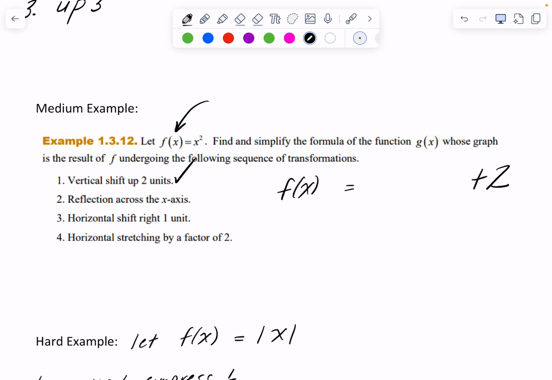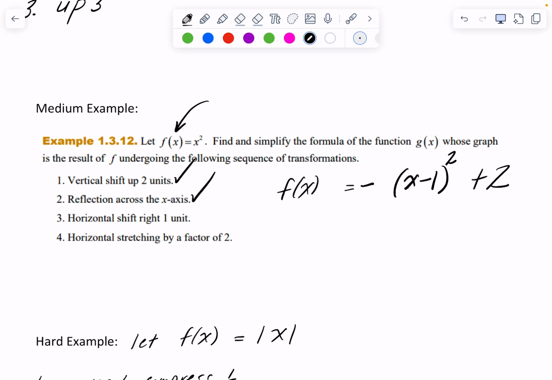In the front. Horizontal shift of right 1. So in the equation, we need parentheses. X, right 1. So what do we put in the sign? Minus 1. Make sure you write squared. It's got to still have the same shape, the same format as the parent function. A lot of kids will forget to write the squared part.